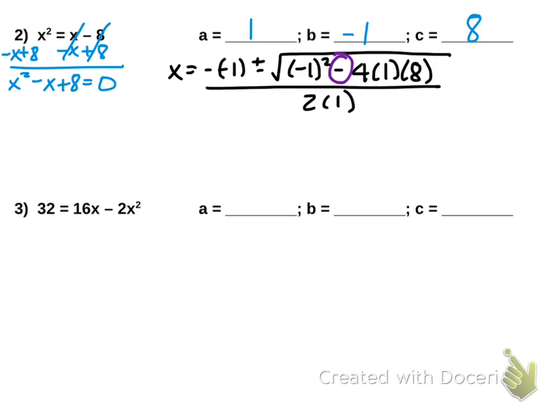When you start subtracting numbers, you have to be prepared for negative values. That's why I say just watch out. It can happen. A and C can have the same sign and your discriminant be positive. But in this case, this discriminant is not positive. So I have x is equal to 1 plus or minus the square root of negative 31 divided by 2.